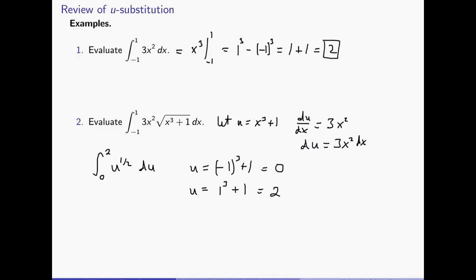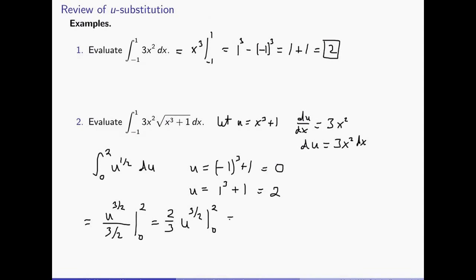So let's do that. So this integral is going to be equal to u to the 3/2 over 3/2 from 0 to 2. So this is 2/3 times u to the 3/2 from 0 to 2.